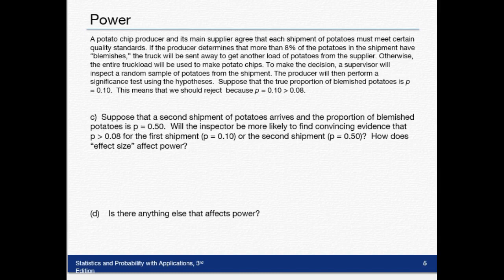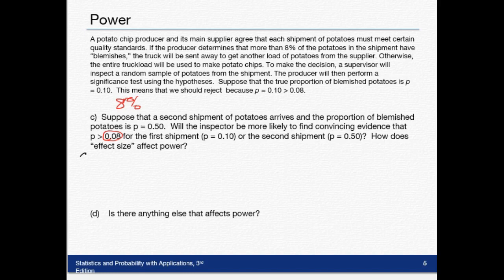Okay, so what we look at is, all right, look at what's in our null hypothesis. It's the 0.8, right? 8% is our money number. So we look at the effect size. So let me define that for you.